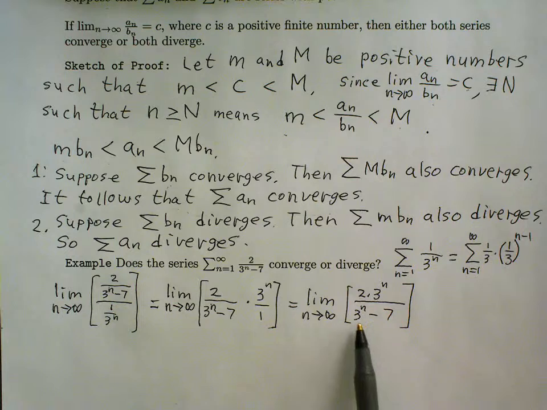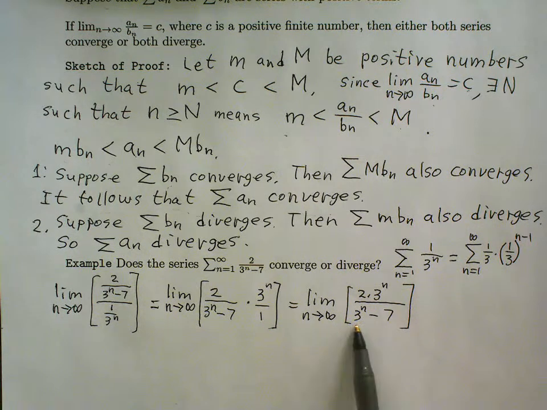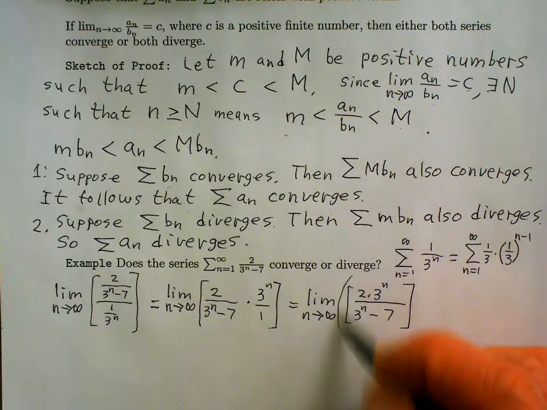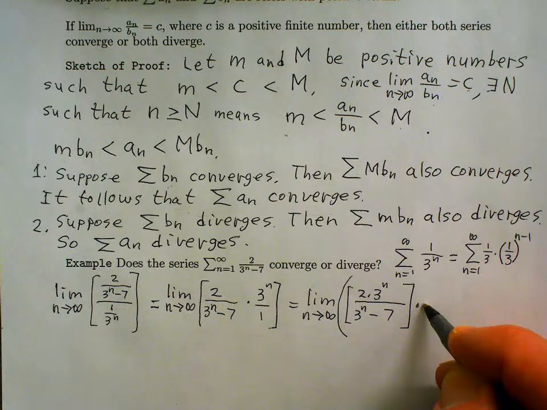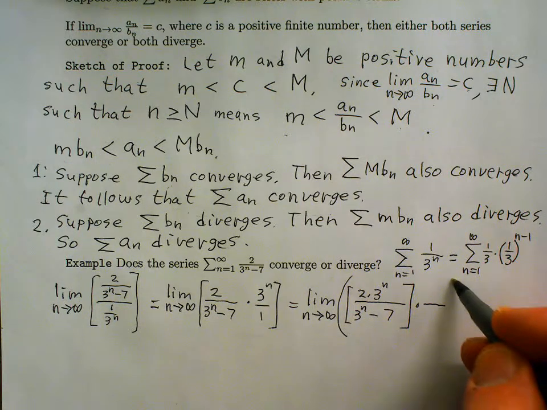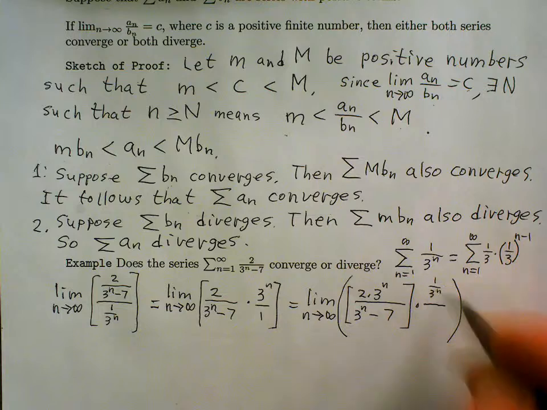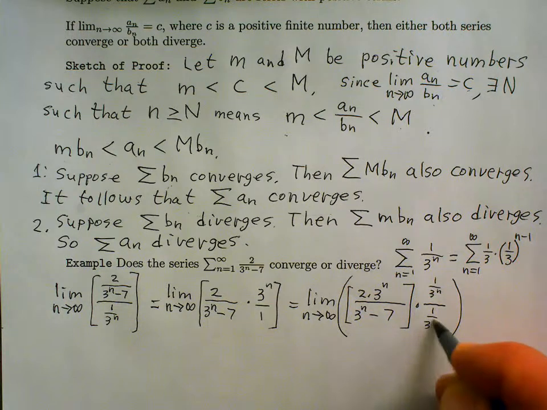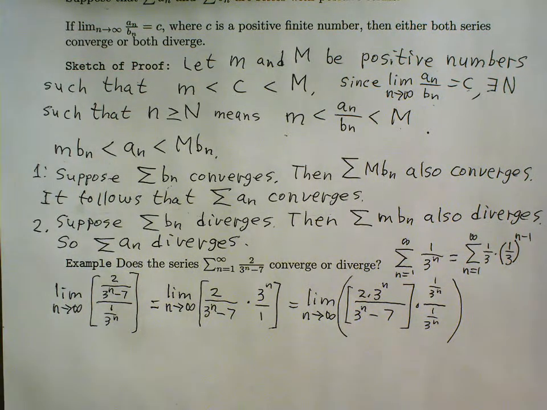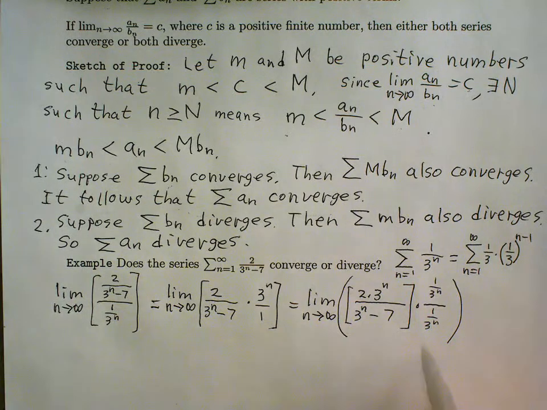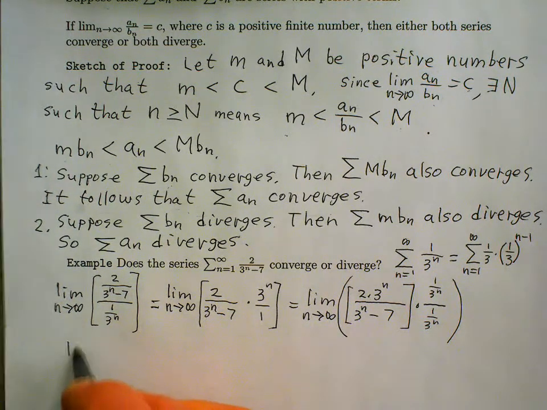Okay, in the denominator, as well as the numerator, we see a 3 to the n. So if we multiply by 1 in the form 1 over 3 to the n over 1 over 3 to the n, this might make it a little easier to see what the limit is.